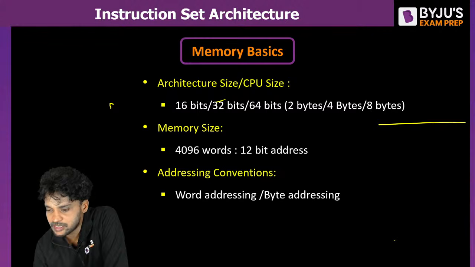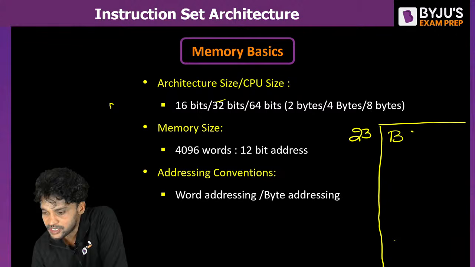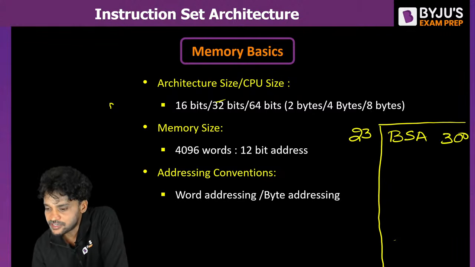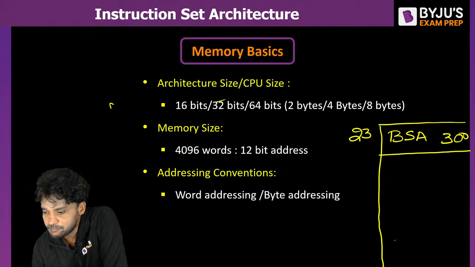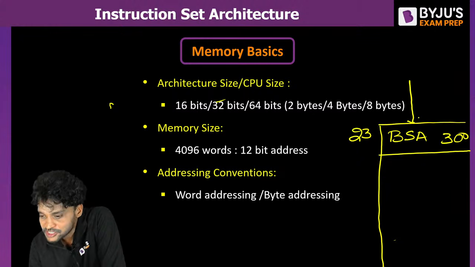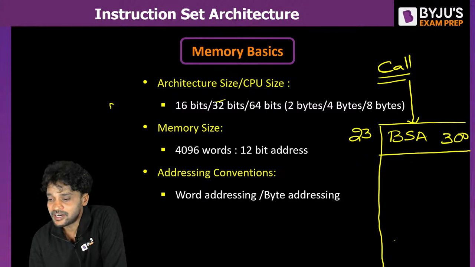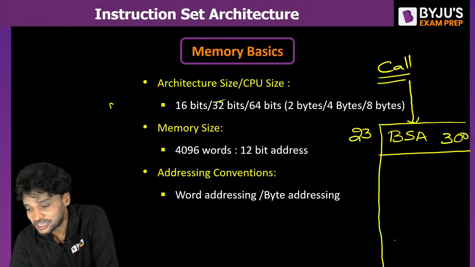Let us say this is my main memory. In the main memory, the current instruction is 23 and the current instruction is BSA 300. The difference between BUN 300 and BSA 300 is that BUN is an equivalent instruction to jump, while BSA is an equivalent instruction to the call instruction. What is call? Here we are calling a subroutine.